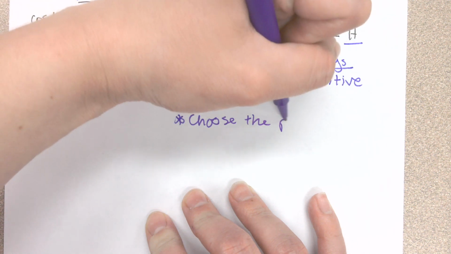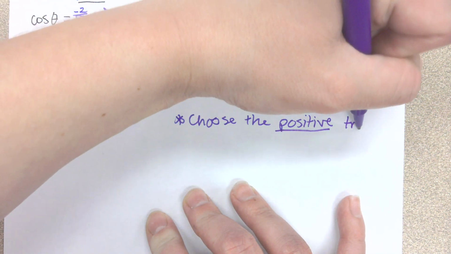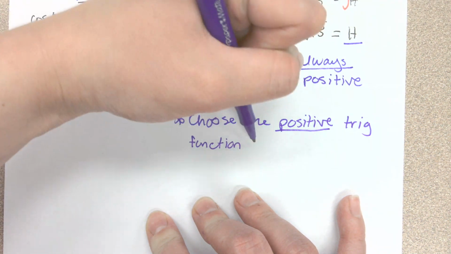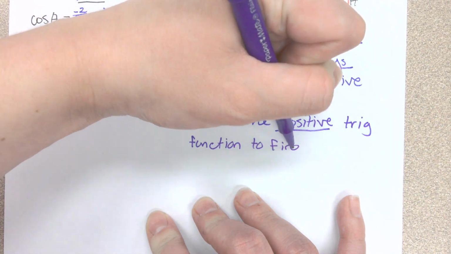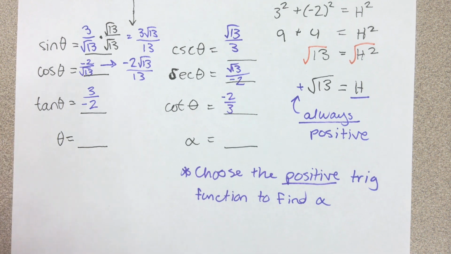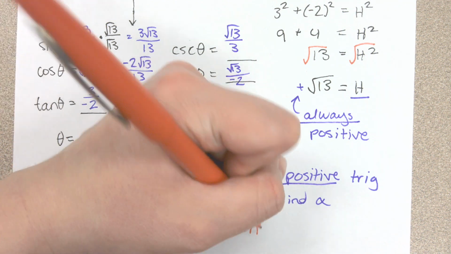Choose the positive trig function to find alpha. Just make it easier on all of us. In that case, that is going to be sine. Sine is the only positive trig function. So we're taking the inverse sine.